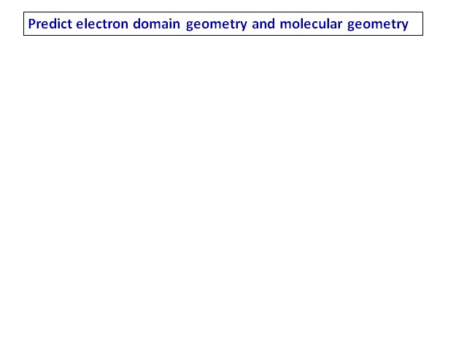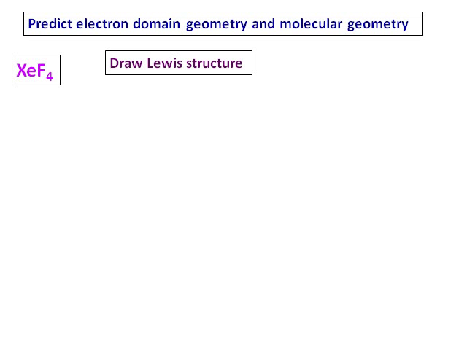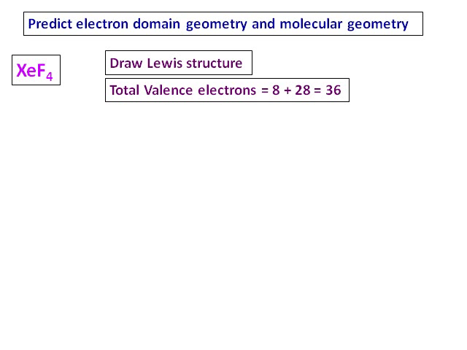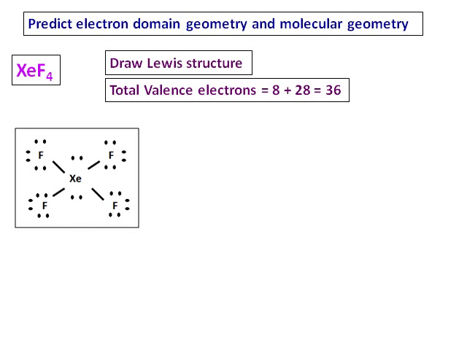One more example. The example we are considering now is XeF4. Looking at it, you will think it's an AB4 molecule, but let's see what it is. Let's do the Lewis structure. Counting the valence electrons, we have 36 valence electrons, 8 from xenon and 28 from fluorine. The skeleton structure is given over there with all the lone pairs.